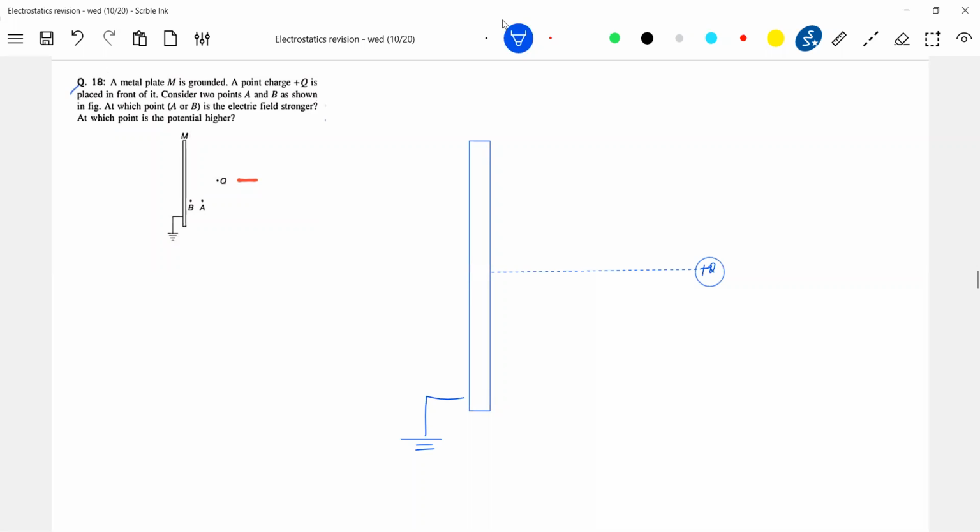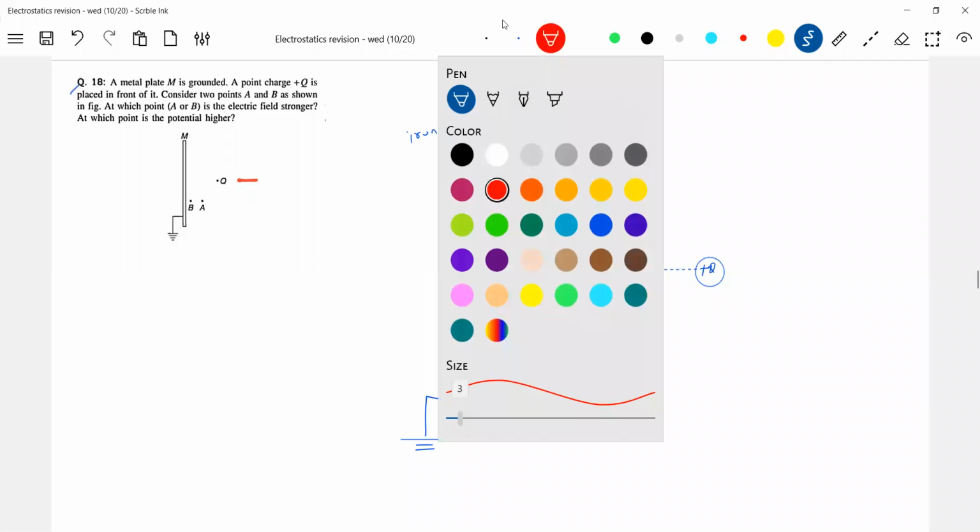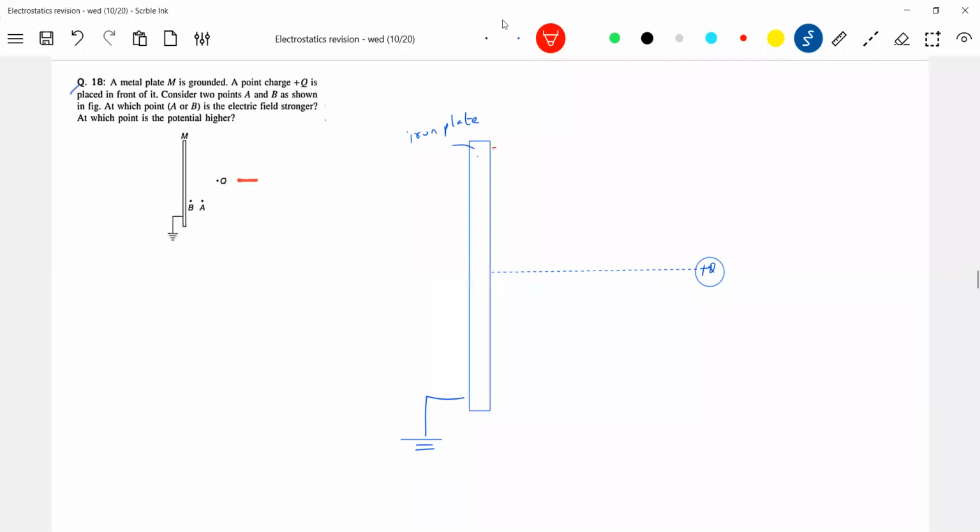The lines of force will be radially outward. No, it's isolated, but there's a conductor, a metal plate. And how should the lines of force terminate? The E field will induce a charge. So negative charge will be induced on this plate, and the positive charge which is induced will flow to the earth.